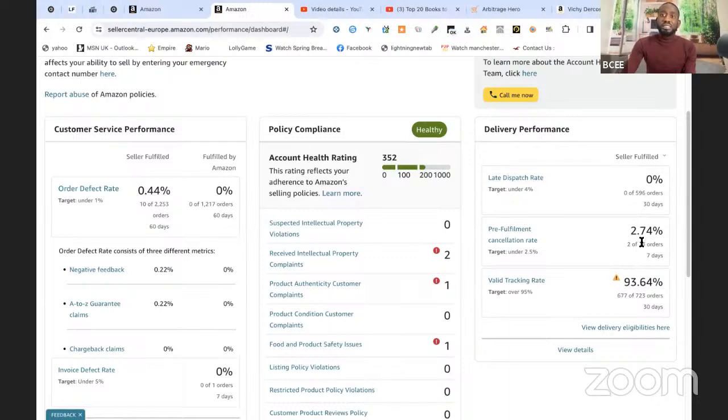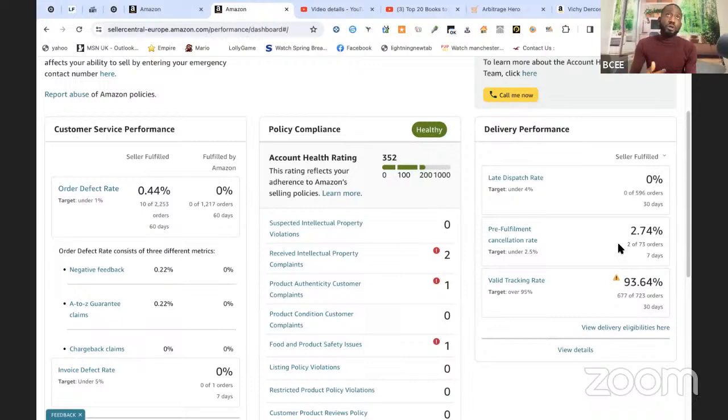But when you are sending from your home, or you're doing drop shipping, which Amazon does not really like, except you are doing it with, let's say, a wholesaler that doesn't have their label, or that doesn't have their invoice, so we need to consider that as well. So if you are doing that, Amazon expects you to deliver the product.